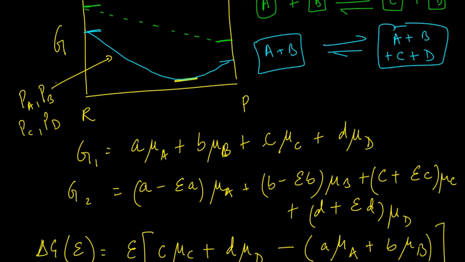G1 is the chemical potential of A plus the chemical potential of B plus C plus D. Right? I've just used the fact that I can write the chemical potential of A as the chemical potential of A at a standard state plus RT log PA. The equation that you are telling is for the mixture. When it comes to mole fractions, it's always for the mixture. I've just written for the pure one, right?